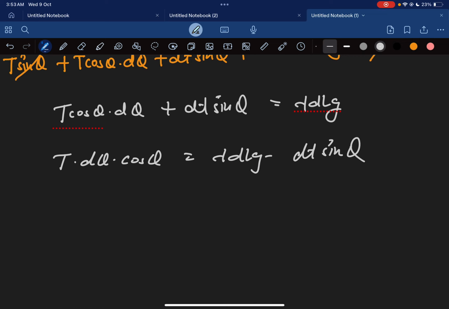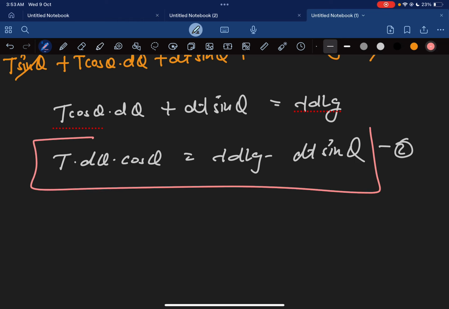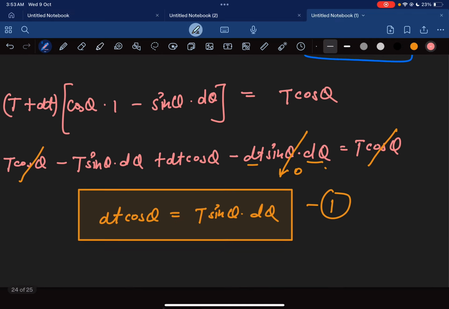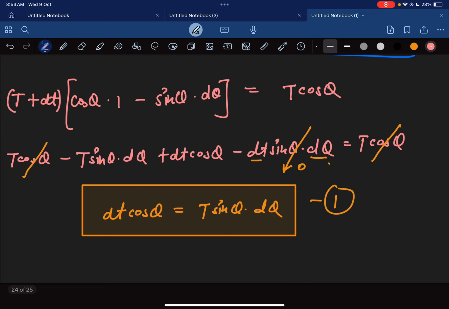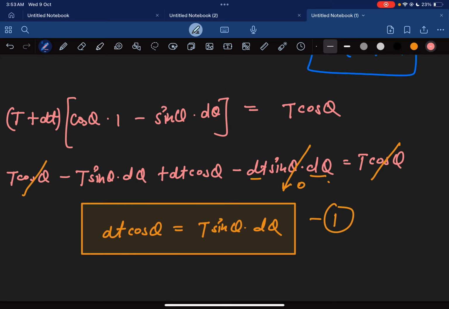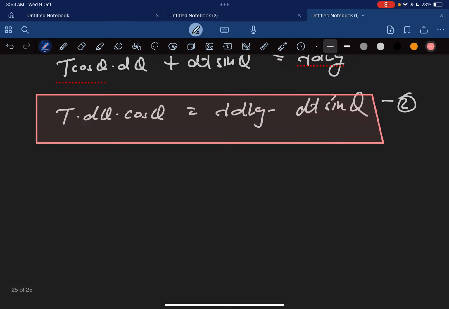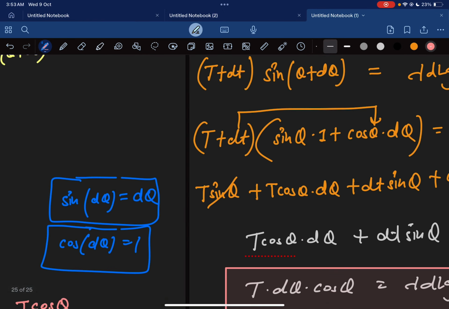Call this equation number 2, and put it under a bracket. Now substituting the value of T d theta from equation number 1 into equation number 2, we'll get the following equation.